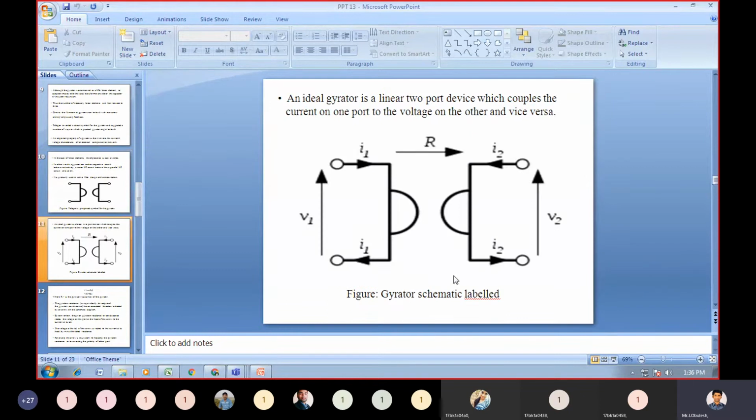Next, just see the gyrator schematic label.